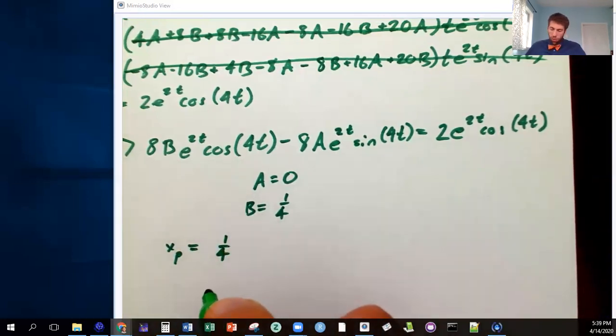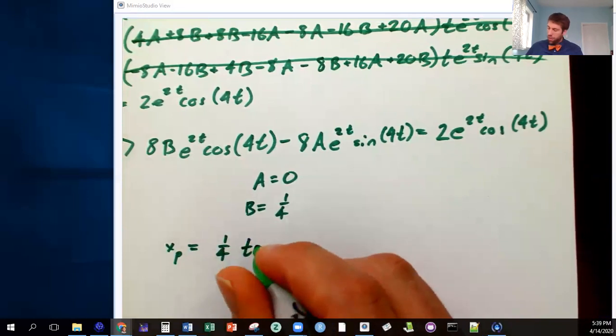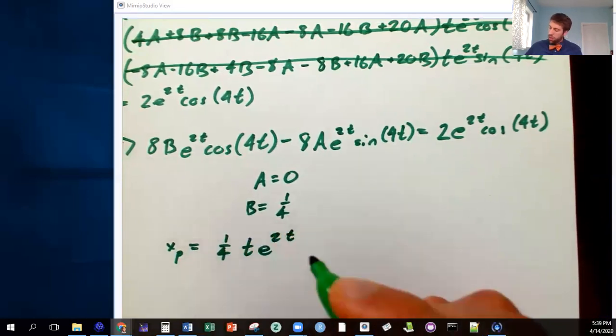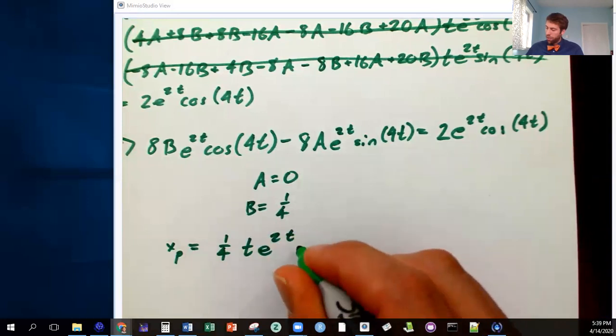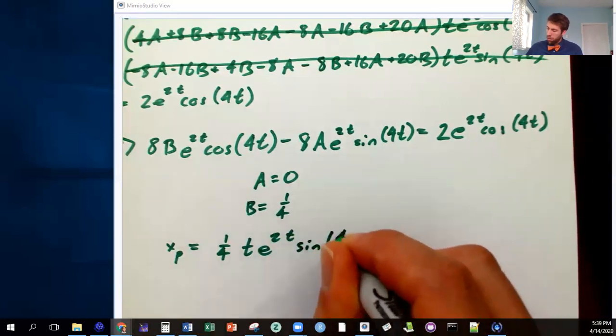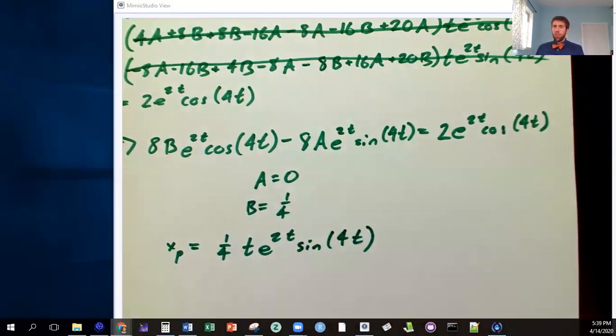So then that means x particular equals 1/4 times t times e to the 2t times sine of 4t, because originally xp was defined as bt e to the 2t sine of 4t. Wowie zowie.